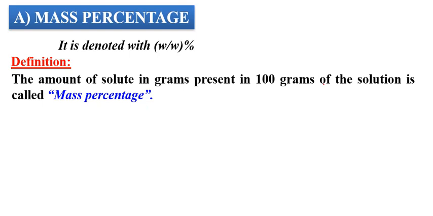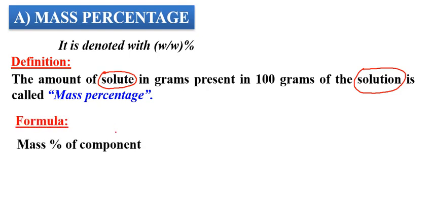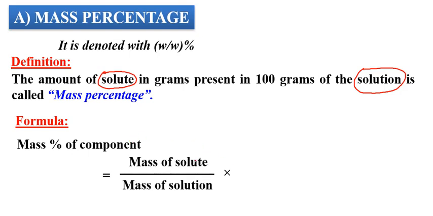Here the important thing to remember is that this one is solution and this is solute, so solute by solution percentage. Mass percentage of a component equals mass of solute by mass of solution into 100.